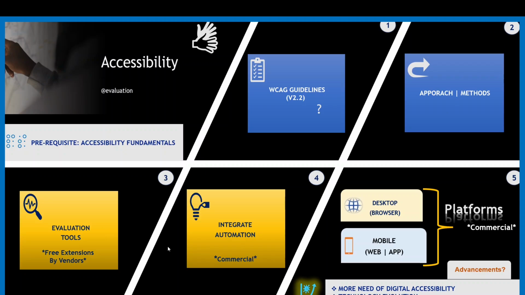I may not be in a position to present the tools because they're all commercial tools, but I have given an overview. So I covered three topics, which are totally on the evaluation side. The second one is WCAG guidelines, and the third is the approach and methods, which includes the evaluation tools and an overview of automation as well.